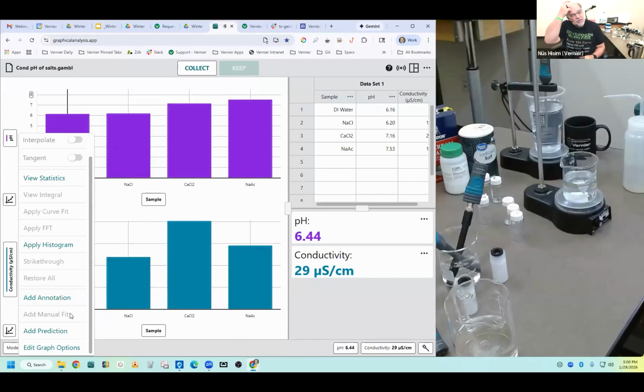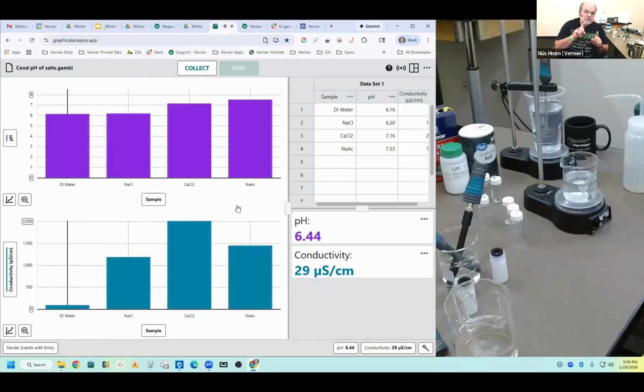But I believe that's a Pro feature, and I don't have a motion detector here, so I can't show it to you. But yes, that is there for motion. And otherwise, like Sarah pointed out, you can put in a prediction, but that's something that kids would do. So hopefully I answered some of that question.